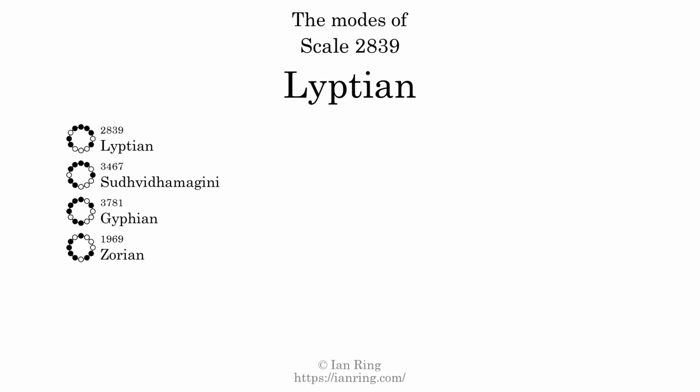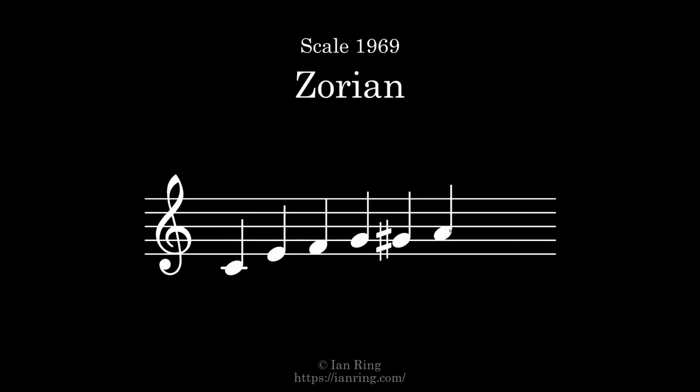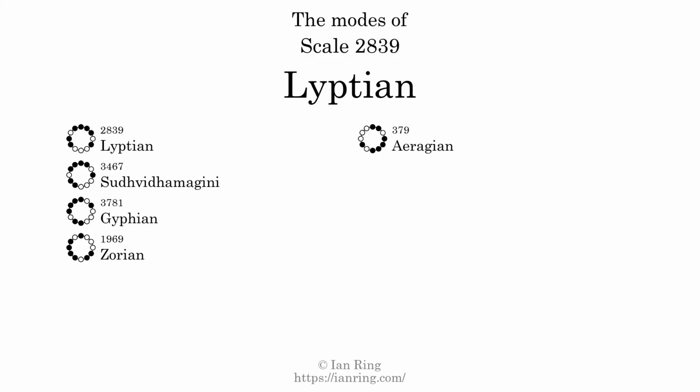The fourth mode is scale 1969, also known as Lyptian. It sounds like this. The fifth mode is scale 379, also known as rotational. It sounds like this.